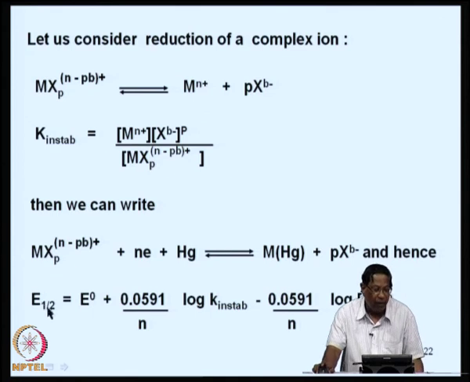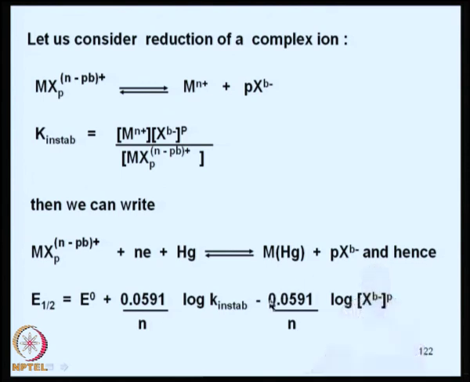Hence E half we can write as the K instability term plus the remaining part, that is minus 0.0591 upon n into log of [Xb minus] raised to p. We will continue our discussion on the complexation reactions in polarography in the next class.